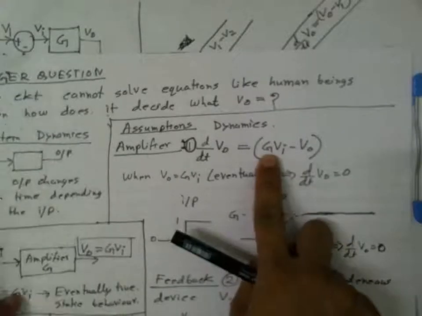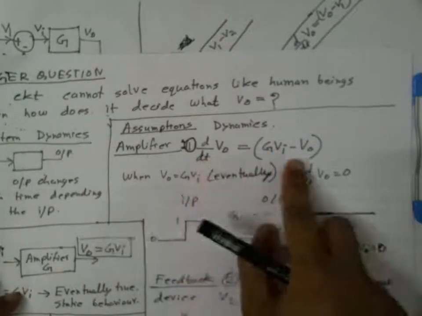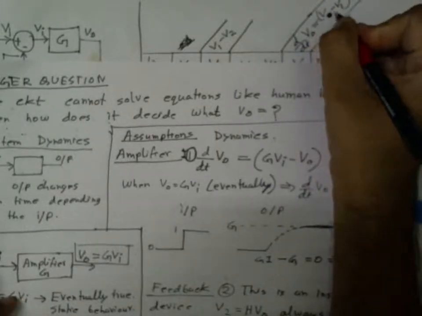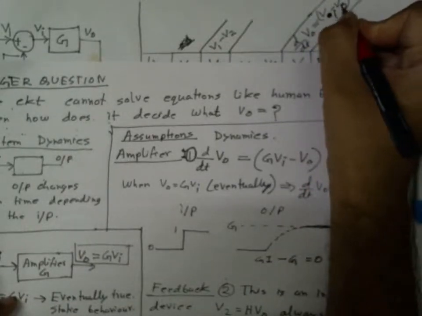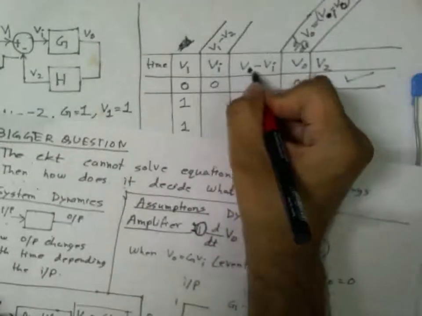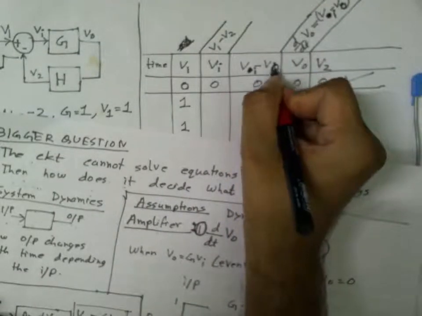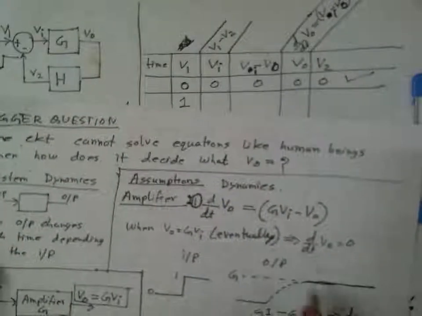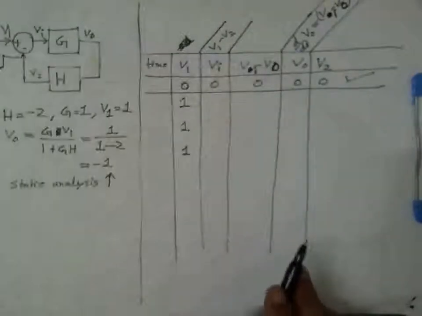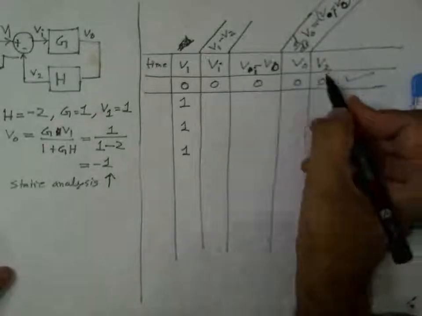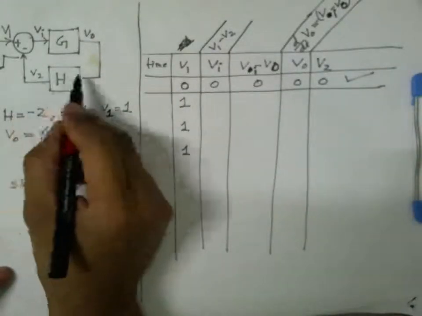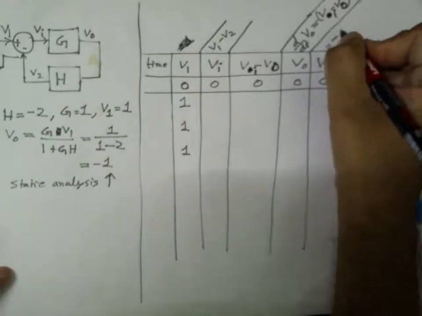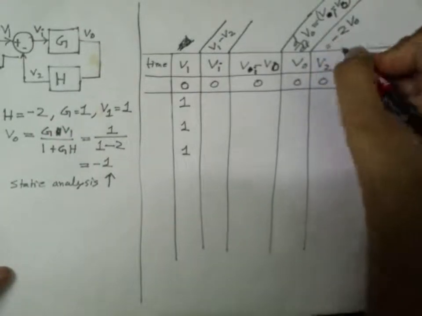G is 1, so the rate of change of the output is Vi minus VO. And then V2, we know H is minus 2, so V2 is equal to minus 2 VO.